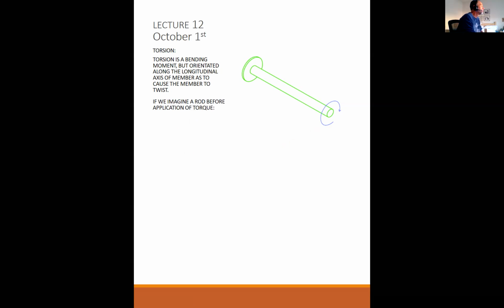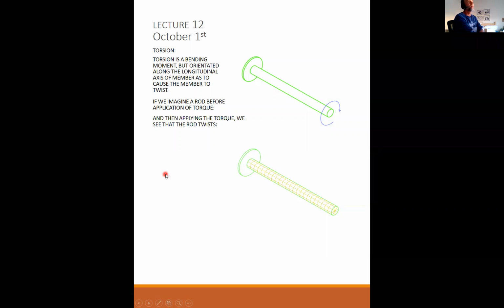Okay, if we imagine a rod before the application of torque, we're going to put this little grid system on here so you can see what's going on. Then applying the torque, we can see that the rod is going to twist. You see that these lines now have an angle to them. They're not perfectly straight anymore.